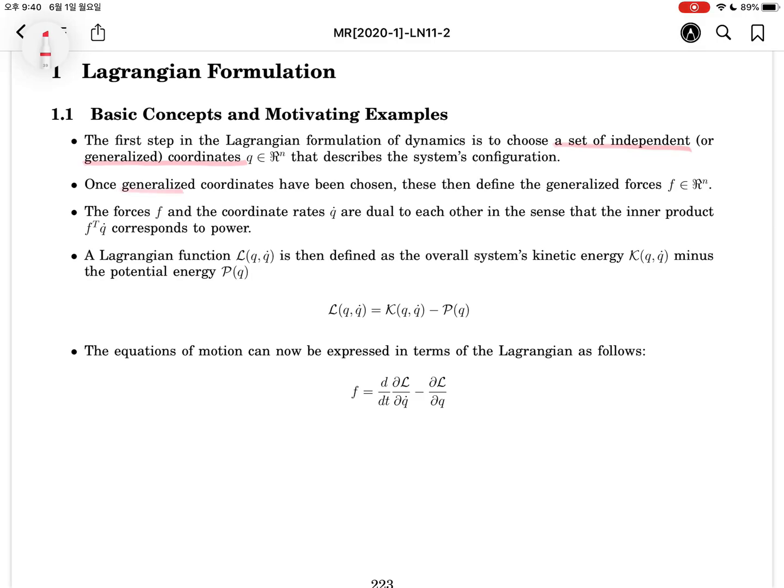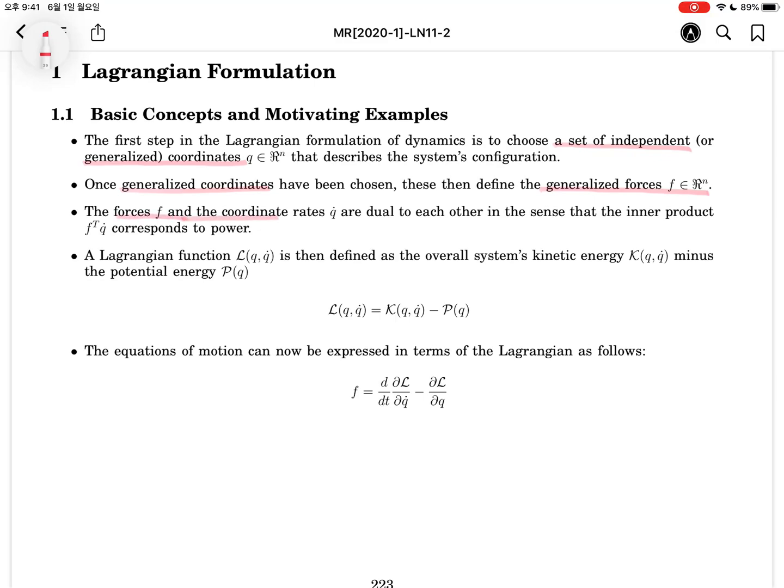Once the generalized coordinates have been chosen, the generalized forces can be defined using the concept of power. Once one of the generalized coordinates or generalized forces is chosen, the remaining terms will be automatically determined.